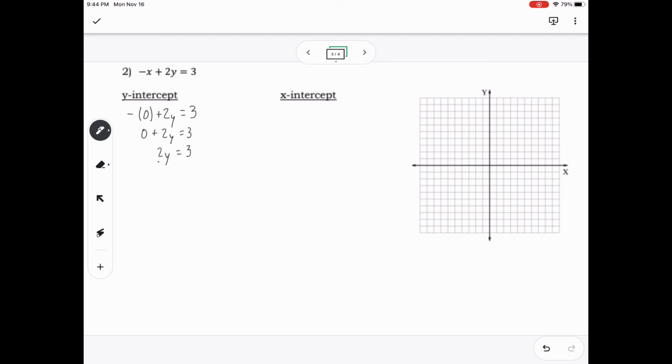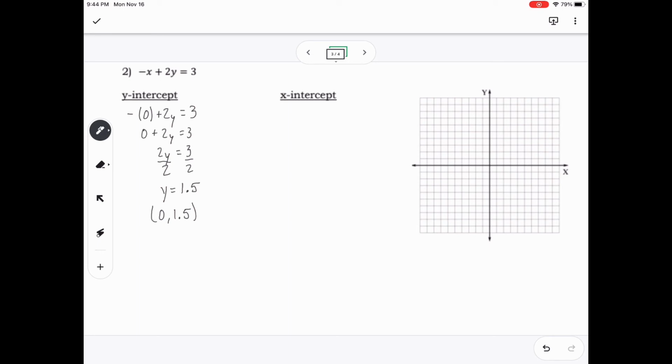So here, notice that when I divide by 2 on both sides, I do not get a whole number. And sometimes you don't. I can choose to make this 3 halves, 1 and 1 half. It might be easier if you just make this a decimal, which is fine. So 1.5. So then I get 0, 1.5 for that y-intercept.